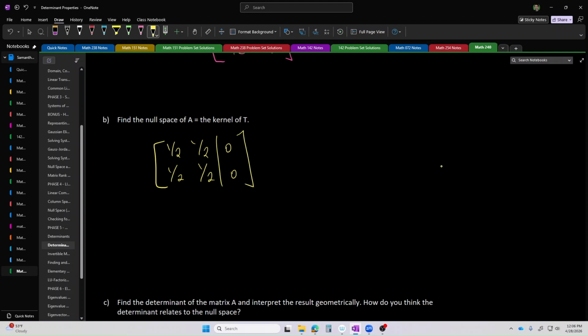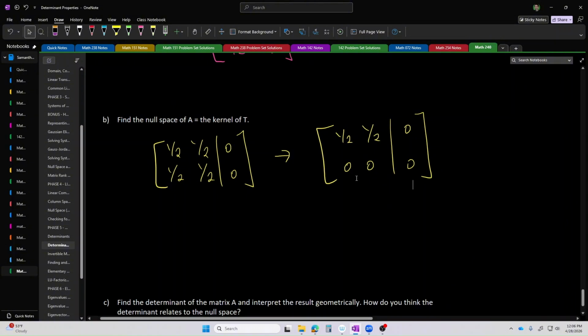This one is super easy to row reduce by hand because I can just subtract row 1 from row 2. And so I see that this matrix A ends up with only a single pivot column, here in the first position. The second column corresponds to a free variable.